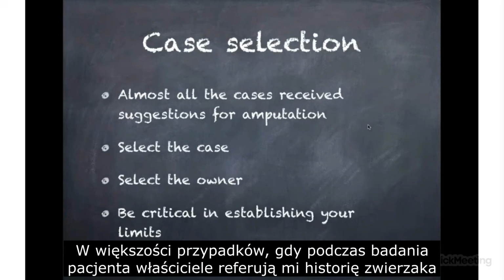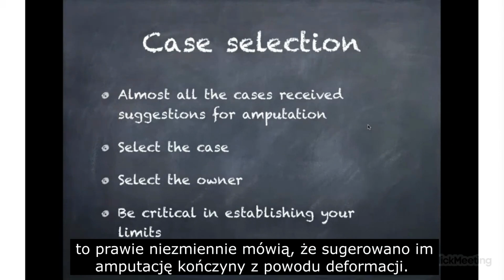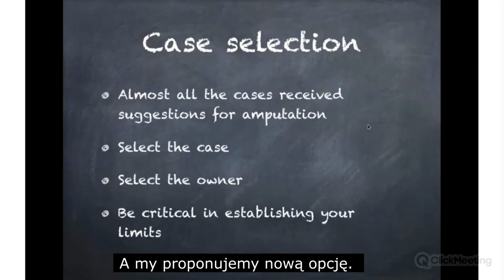In most cases, when I examine the patient and the owner tells me the history of his pet, almost invariably they have this story: they were suggested to amputate the limb for the deformity. And we are just proposing a new option, okay?